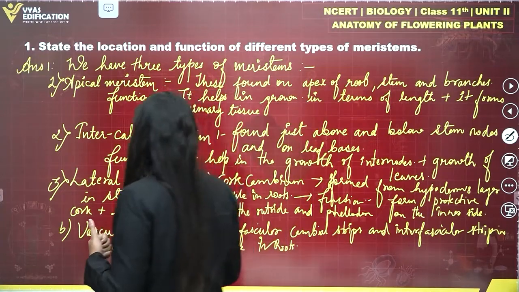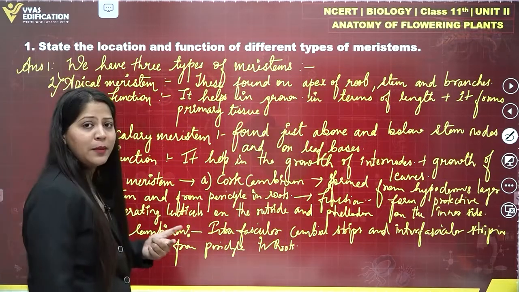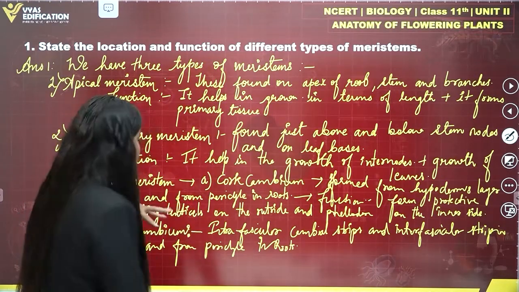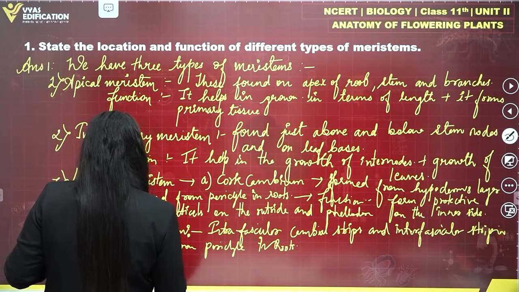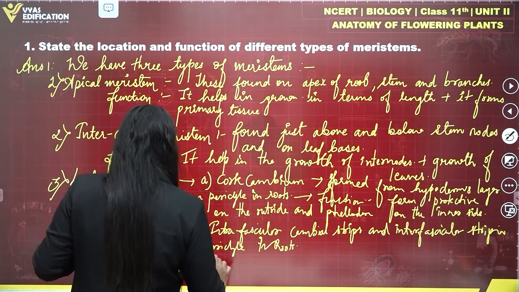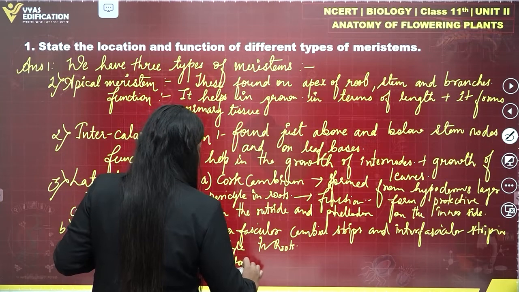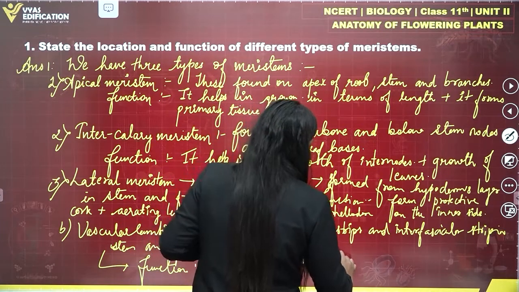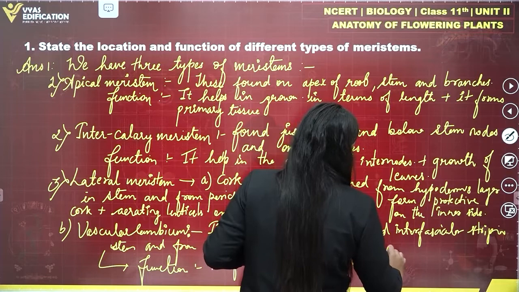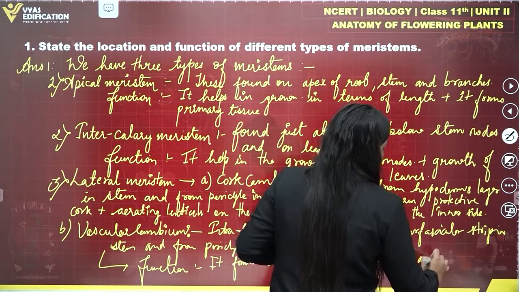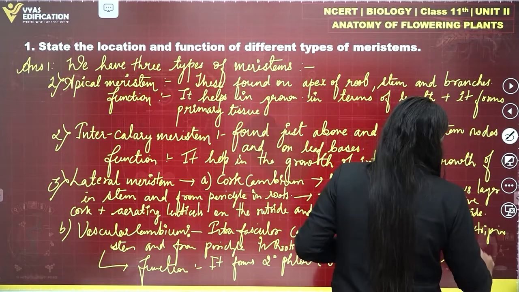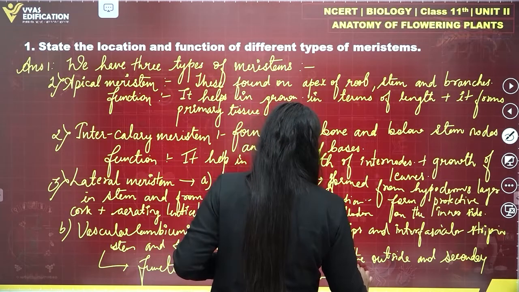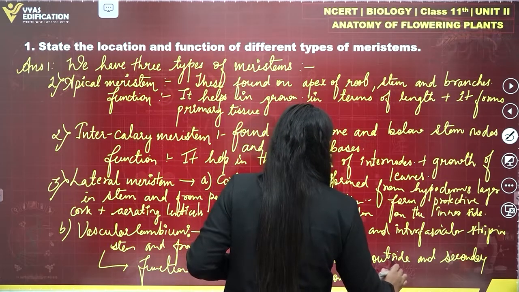Now what is the function of this vascular cambium, which is a type of lateral meristem? It forms secondary phloem on the outside and secondary xylem on the inner side, right?